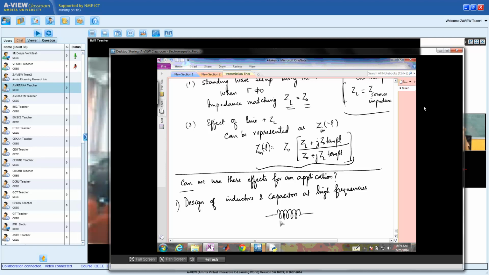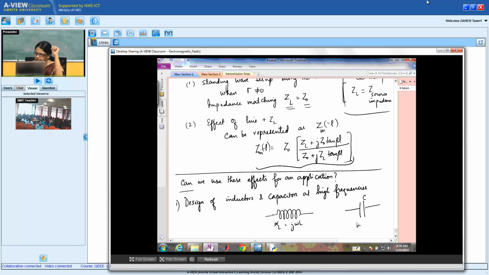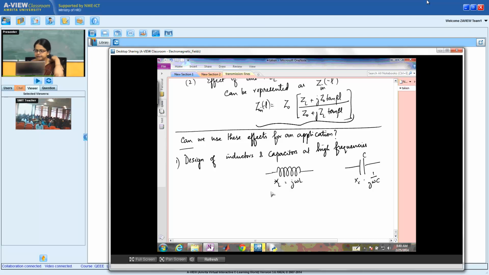You know that the coil inductor has an inductive reactance XL equals omega L, and a capacitor with capacitance C has a capacitive reactance ZC equals 1 over j omega C. This is all fine. But this all works fine only at low frequencies.